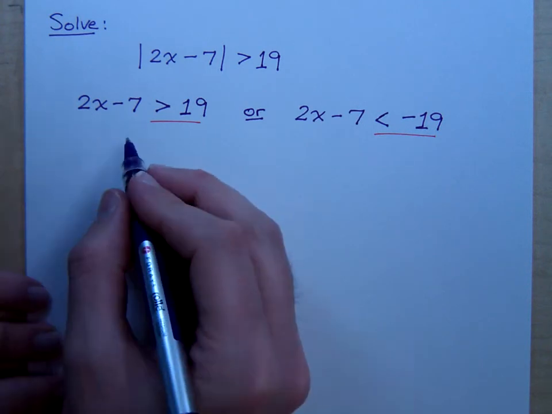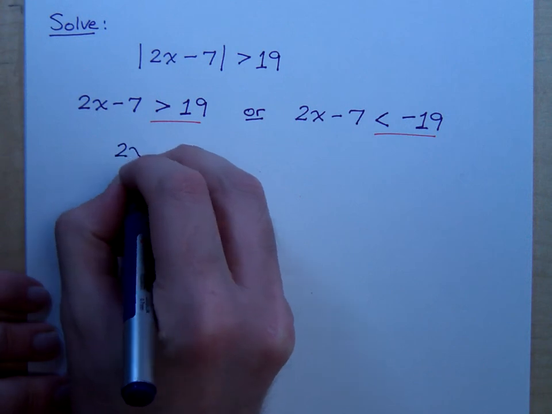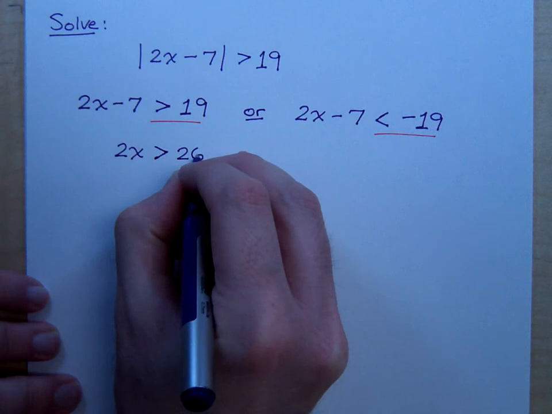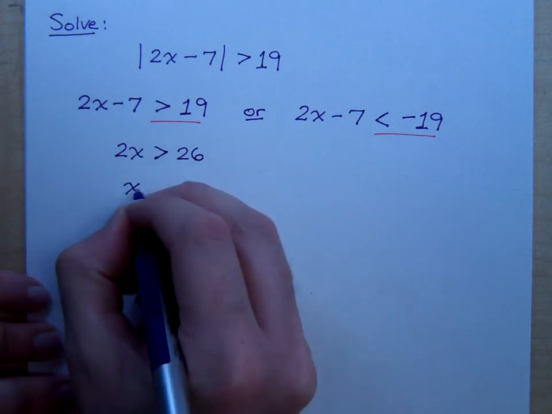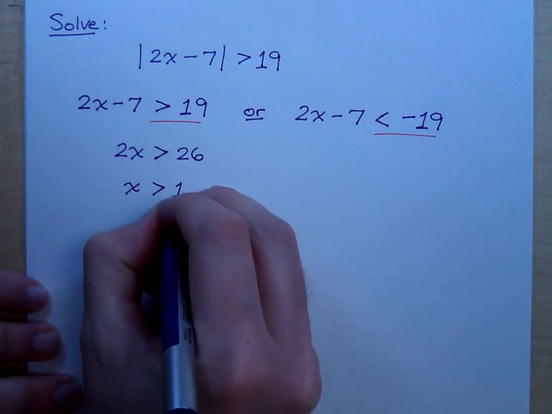How do you solve this inequality? Add 7, so 2x is what? Greater than 26, which means x is what? Well, it's not 13, but it's greater than 13.